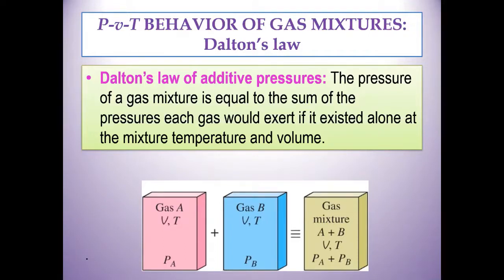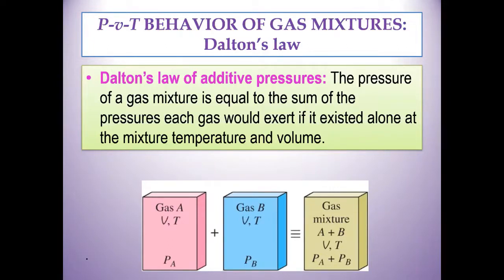And the other assumption is that each gas is treated as though it is occupying the entire volume. So for gas A and gas B, volume V is the same as the volume of the mixture, and temperature T is the same as the temperature of the mixture. But the pressure of the mixture is the sum of the pressures of each of the components, PA plus PB.